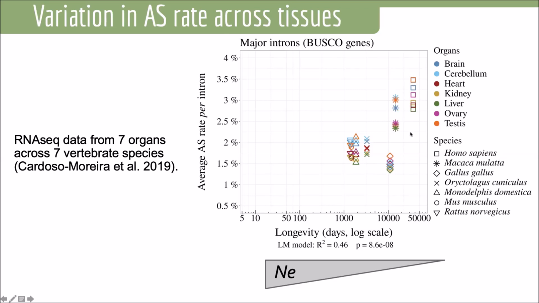Okay, so you see some variation across organs, but still you see that differences across species are larger than the variation across tissues in a species. So we still recover this correlation between the rate of alternative splicing and effective population size, even after controlling for variation across tissues.